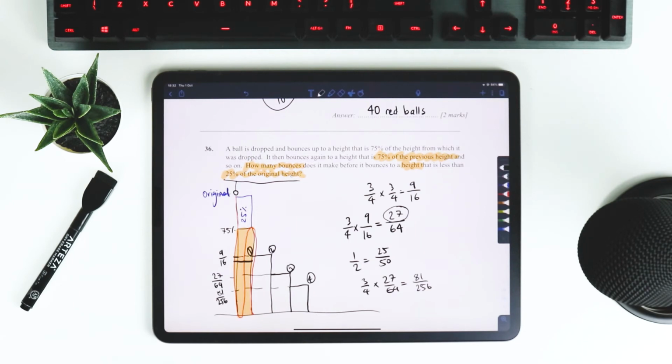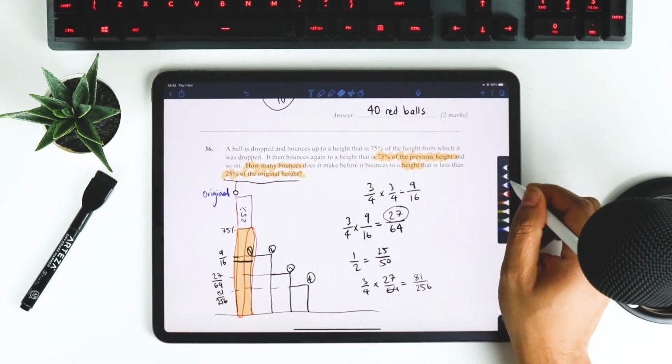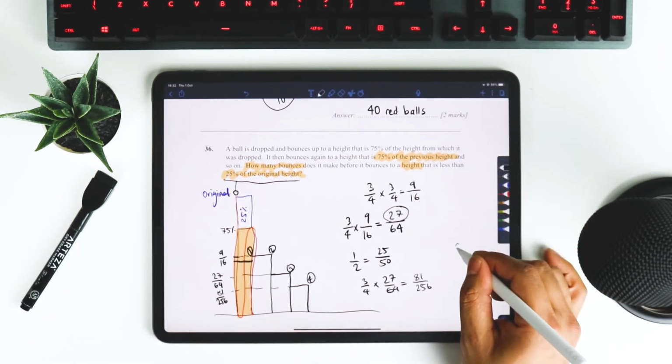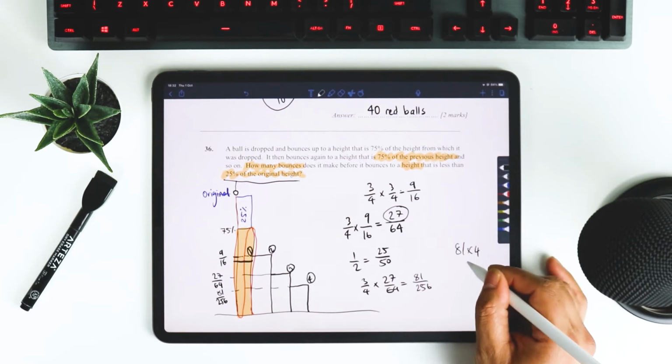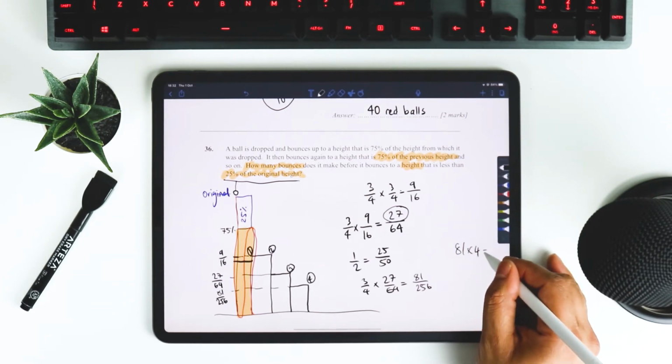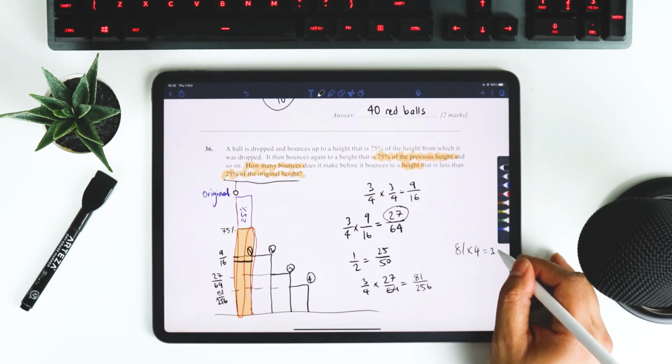So is 81/256 a quarter of 256, or less? 81 times 4 is going to be 300 and something. 8, 16, 24, 32, 324.